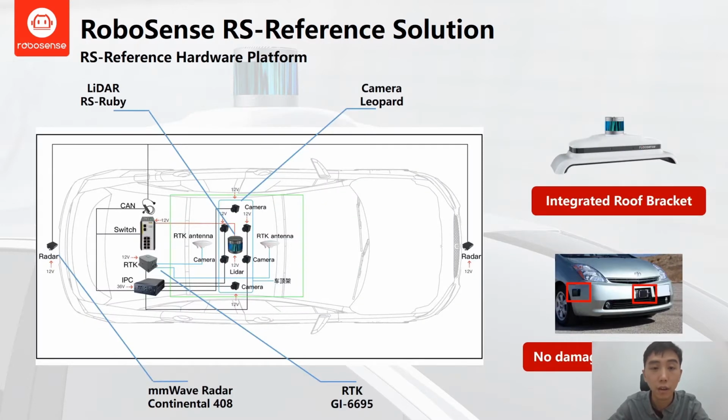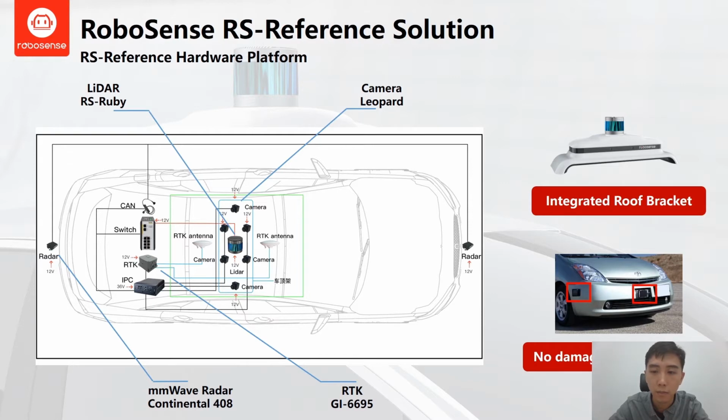First, the hardware part. The main sensor of this system is LiDAR, since LiDAR can generate very accurate 3D information, so it's very suitable to be the main sensor of such a reference system. Here we use the RS Ruby LiDAR, which is a 128 channel LiDAR.